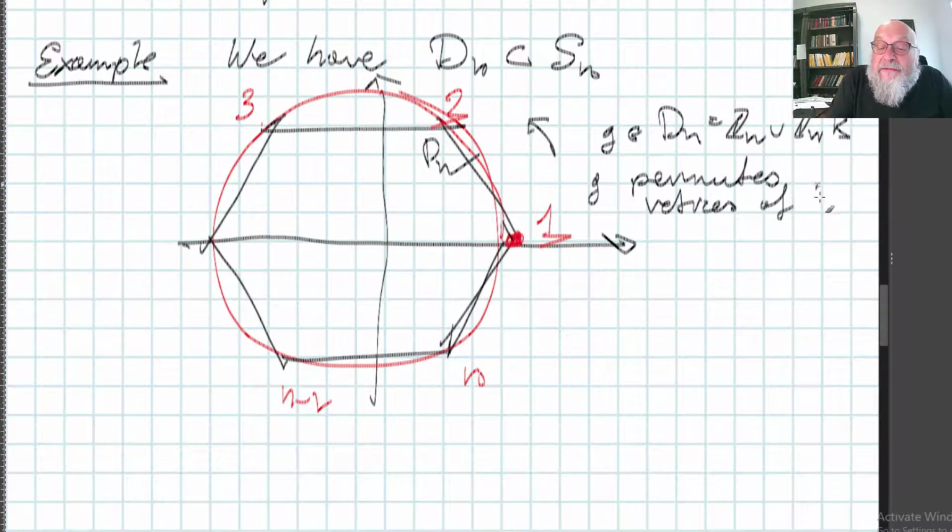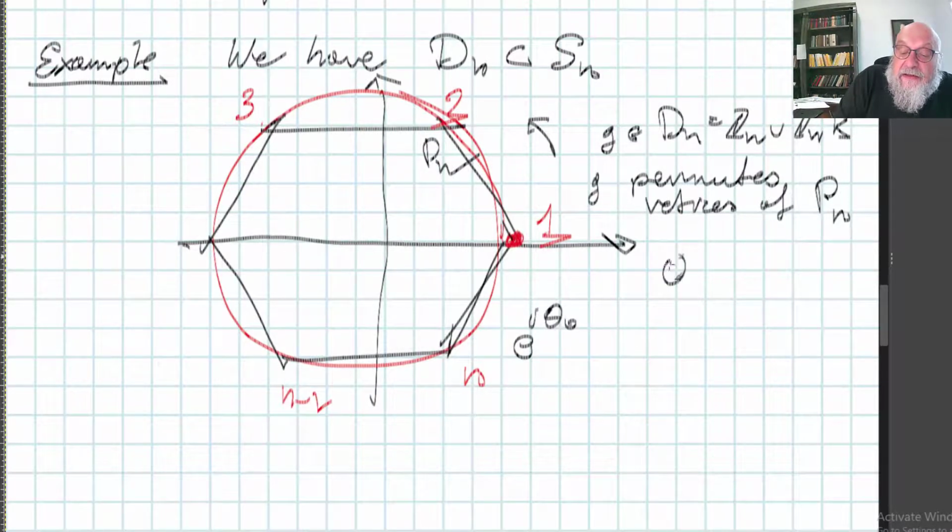So that means, in particular, if I have here the rotation e^{i theta_0}, where theta_0 was equal to pi divided by n, this can be identified with the rotation that takes 1 and moves it to 2.